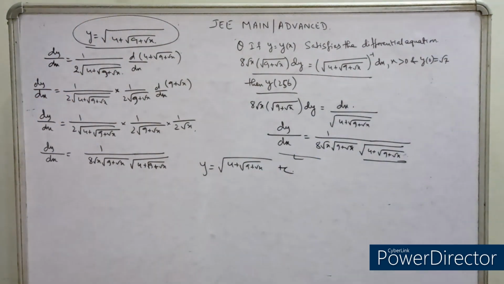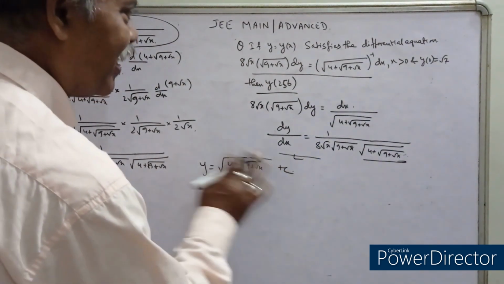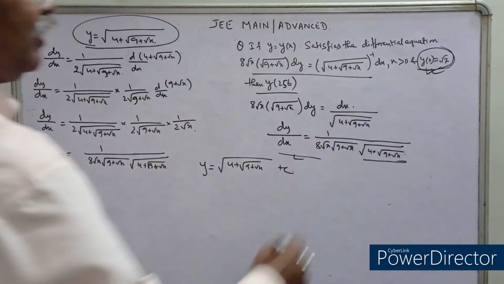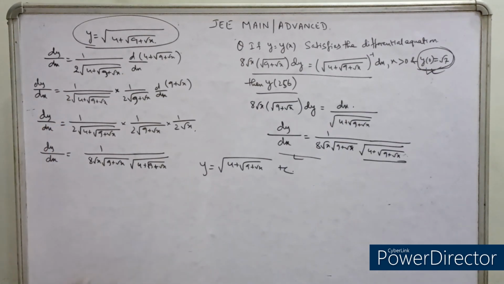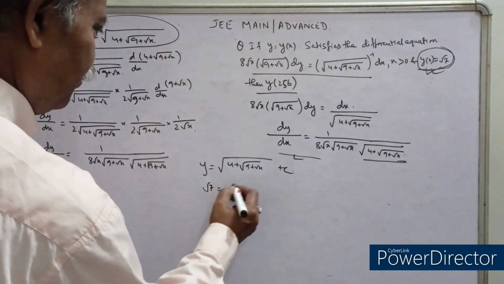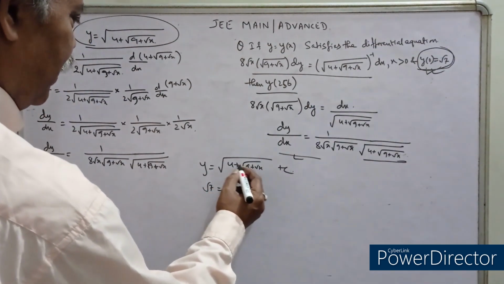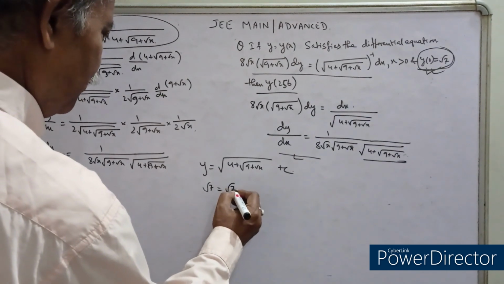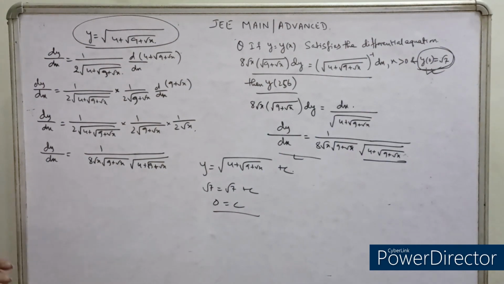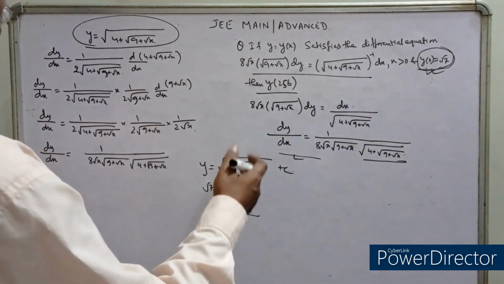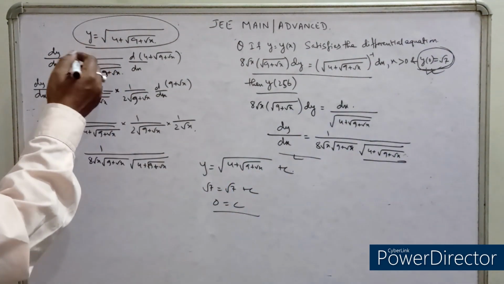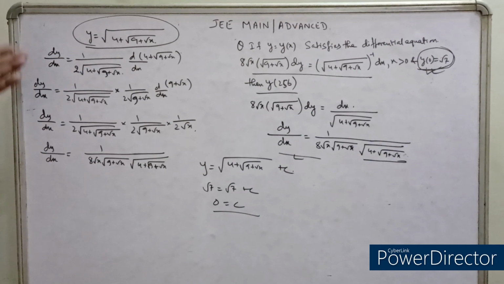Why have I taken c? To utilize what they have given: if x is equal to 0, this is root 7, so this will be root 3 plus 4, 7, root 7 plus c, so this is 0, c is equal to 0. Only to utilize that I have done this. If you do not do it, nothing will happen, because it is clear that this is the solution. You have got the solution.